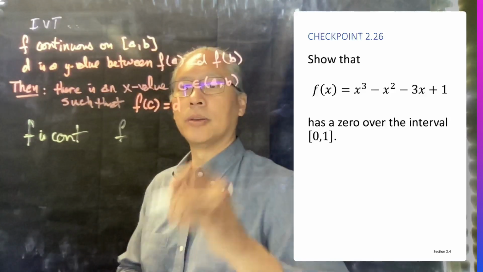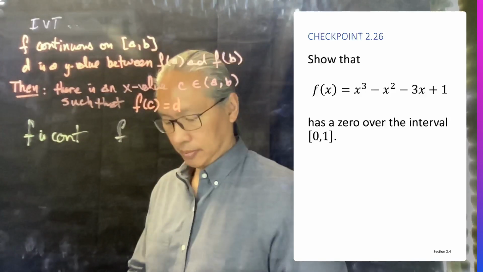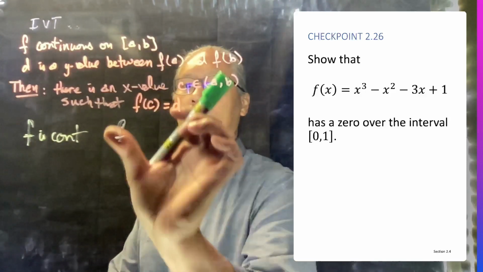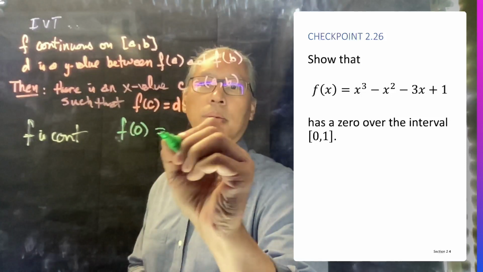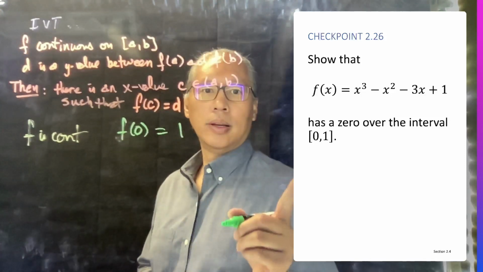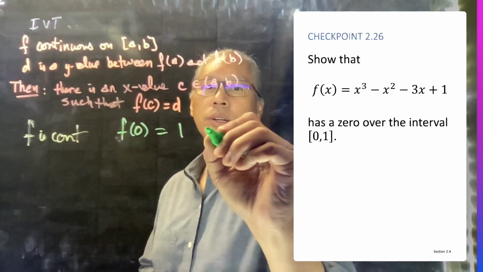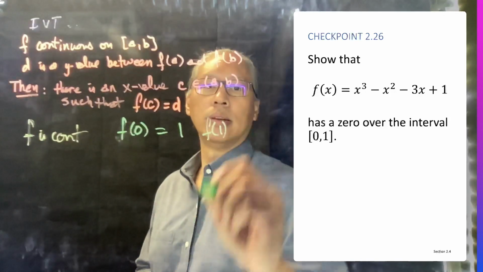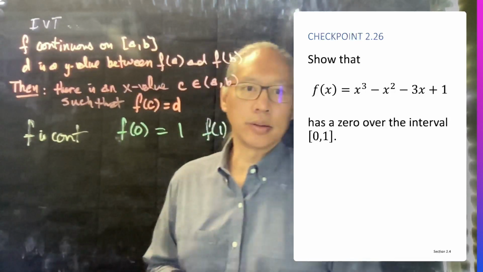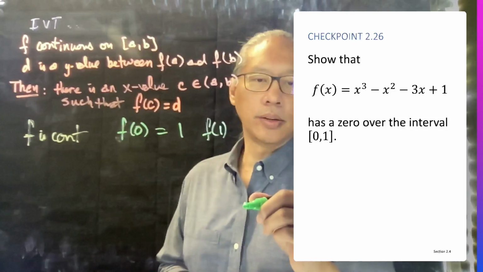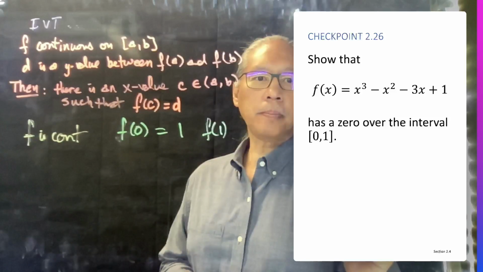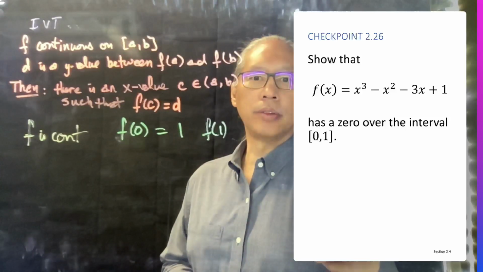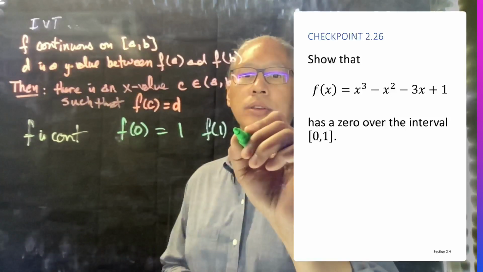So f of 0 is equal to 1, because everything will be 0 except 1. And then f of 1, let's put 1 in there. So we're going to get 1 minus 1 is 0, minus 3, so that's negative 3, plus 1 is negative 2.